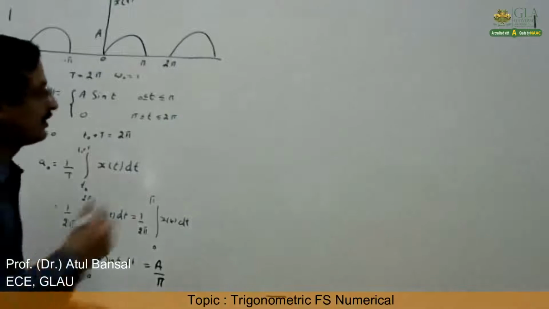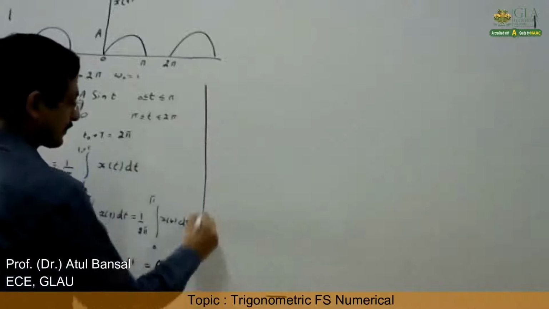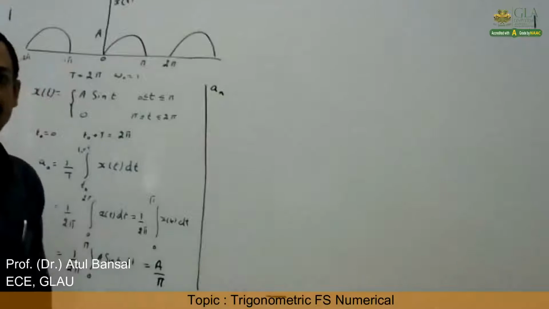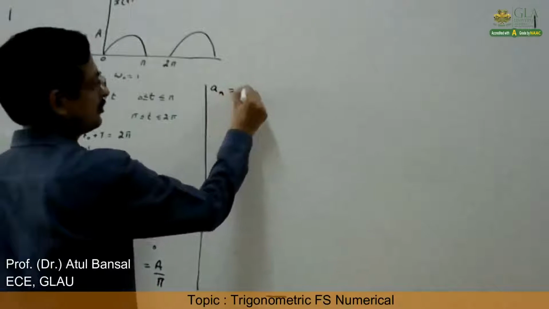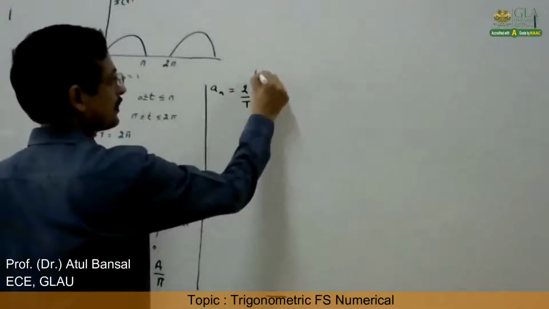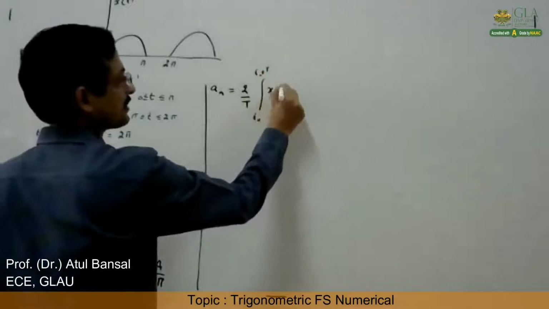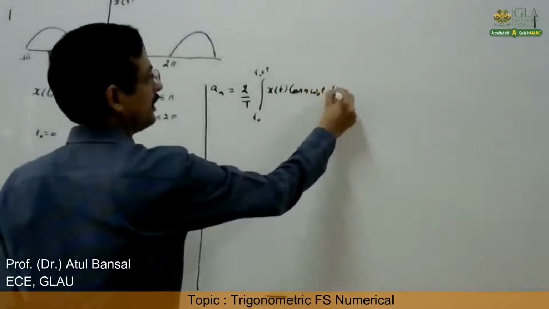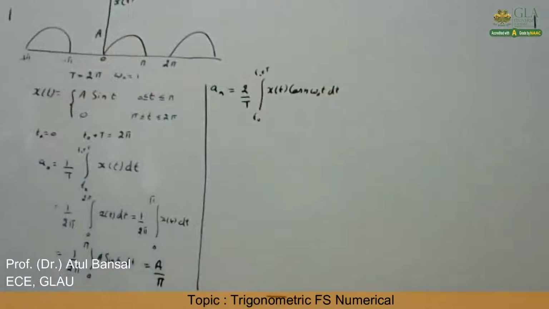Now let us evaluate the next, an. an is equal to 2 by T, again t0 to t0 plus T, x(t) cos n omega naught t dt. Right?